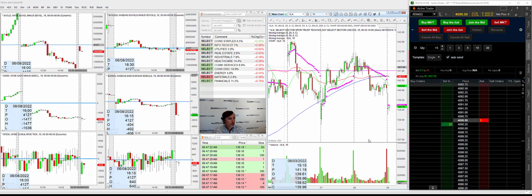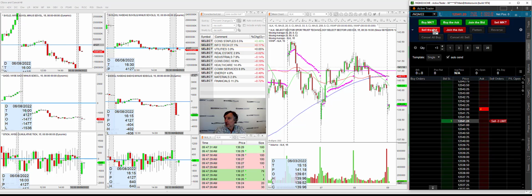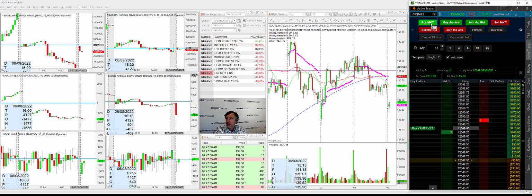All right, so that could put a wrench into the short thesis here if the XLK starts to rally, which it is. So I think NQ then needs to be long, because NQ should move higher.